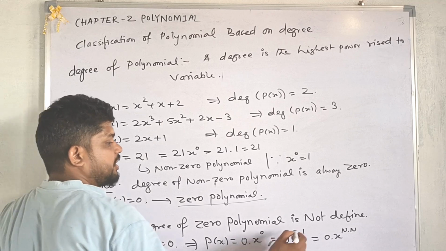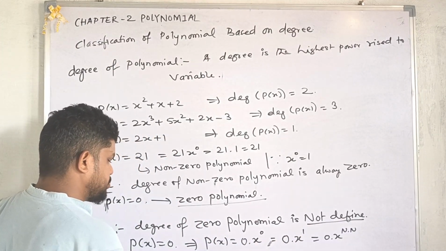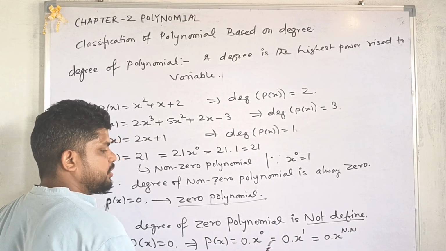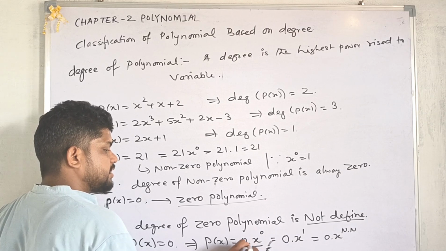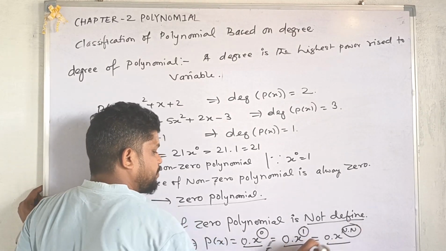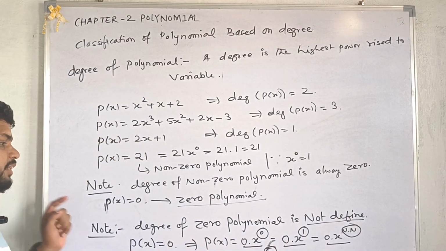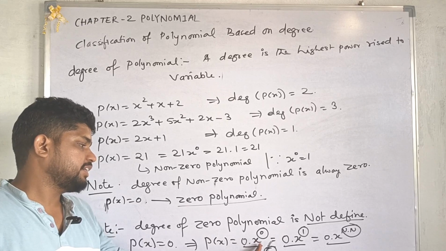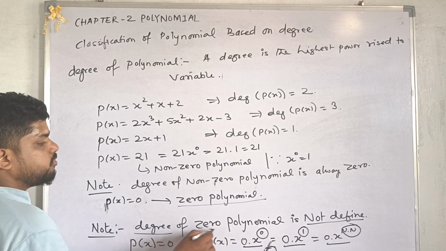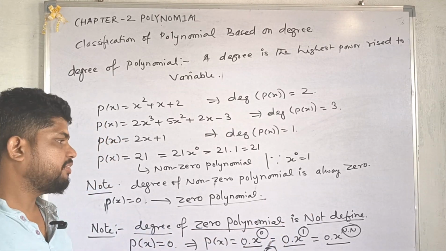It means p of x equals 0 we can write as 0 x to the power 5 also. So for this the degree is 0, for this the degree is 1, for this the degree is any natural number, for this the degree is 5. Since we are multiplying 0 with that number, ultimately the thing will be 0. So the degree of the zero polynomial is always not defined.